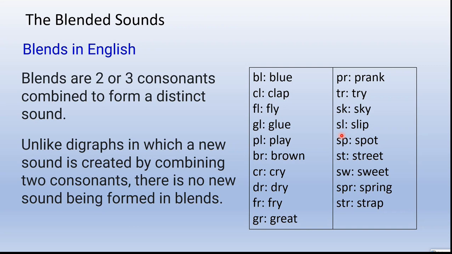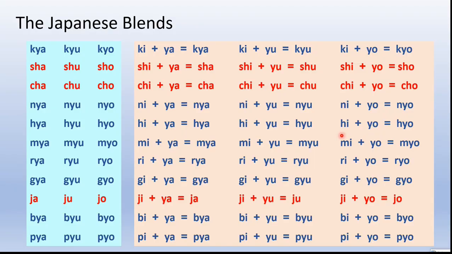So digraphs and blends are two different things. In digraphs, we get a totally new sound by combining two consonants, whereas in blends, we do not get a new sound by combining two consonants. So with this background, now let us see the blends available in Japanese.